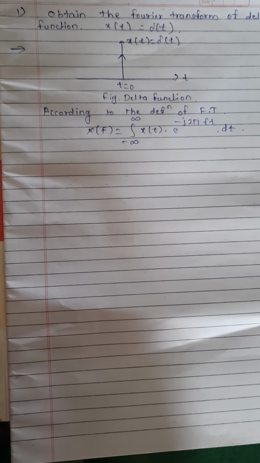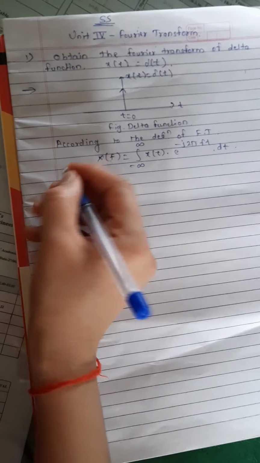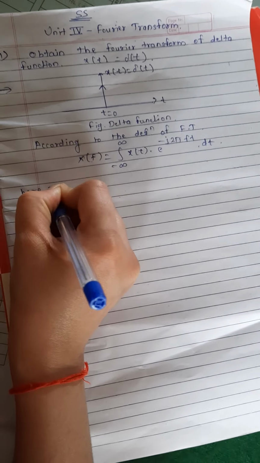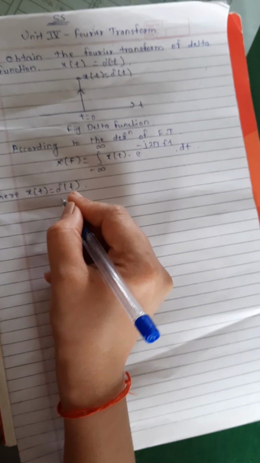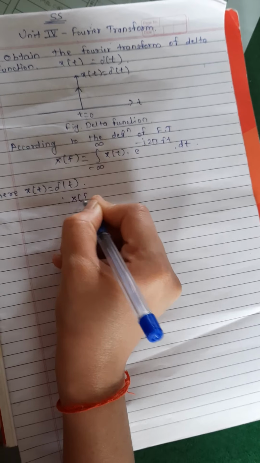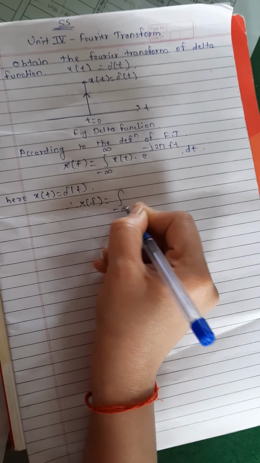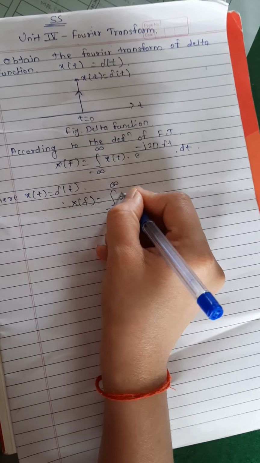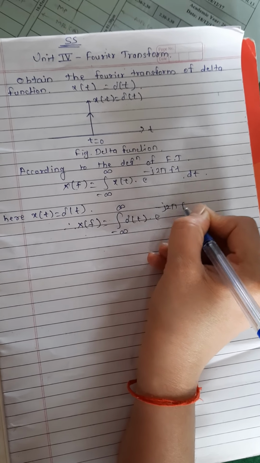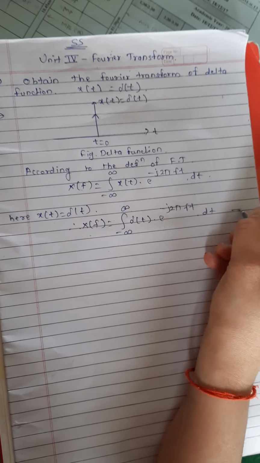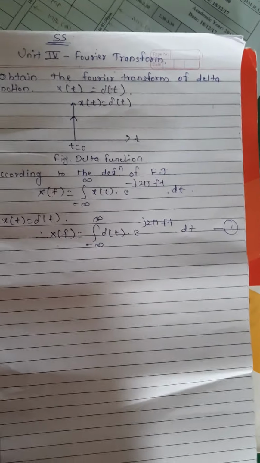So here x of t is what? Delta t. We write here x of t is equal to delta t. So the above equation becomes X of f is equal to integration from minus infinity to infinity of delta t e raised to minus j 2 pi f t dt. This is equation number 1.